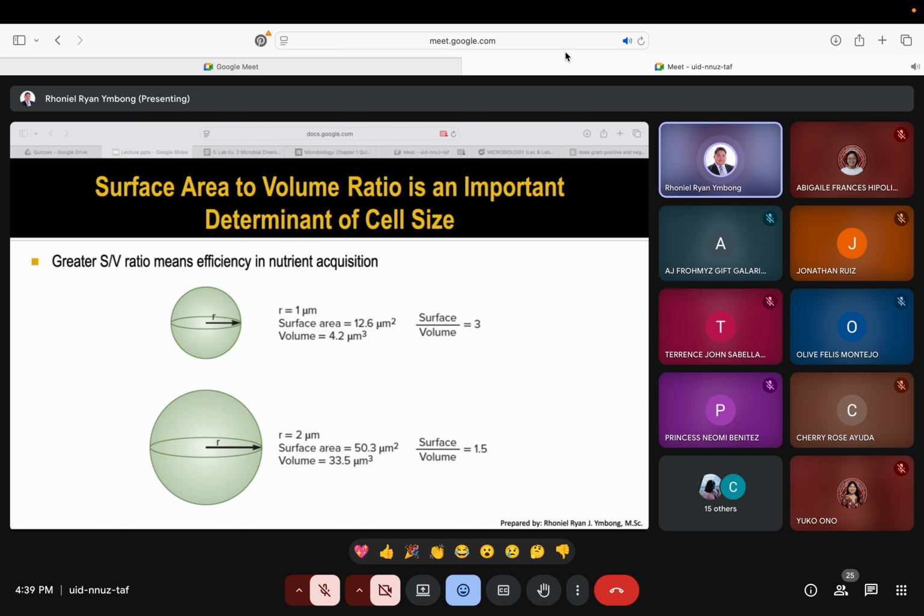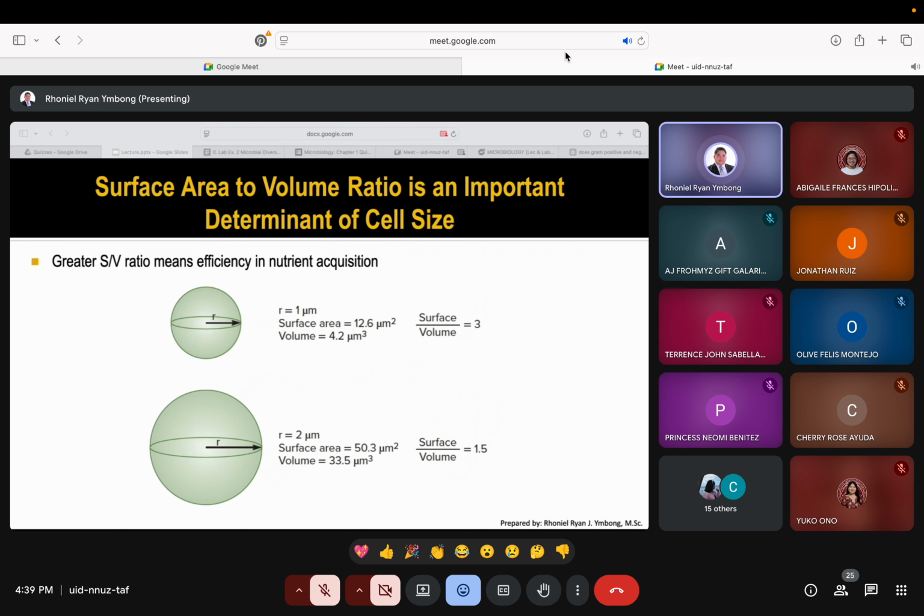Meaning, the greater the surface area and the lesser the volume of your bacterial cell, the greater the ratio becomes. If you increase the cell size, the volume would also increase, therefore decreasing the SV ratio.